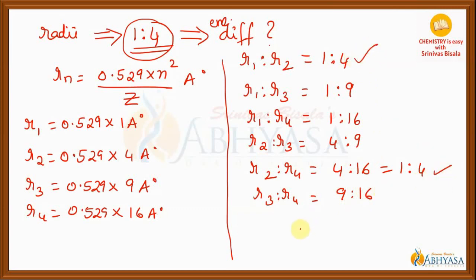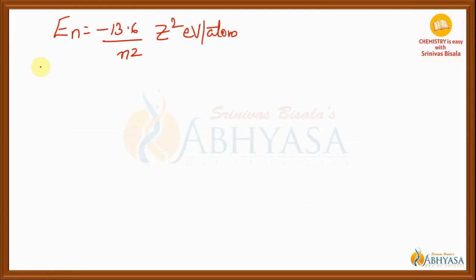So now what we need to do? We need to find out the energies of the first orbit, second orbit, here also the second orbit is involved, as well as the fourth orbit. And we have the energy expression En is equal to minus 13.6 by n square into z square electron volt per atom. So no need to calculate the energy of all the orbits.